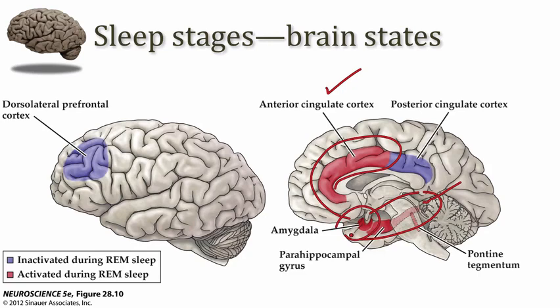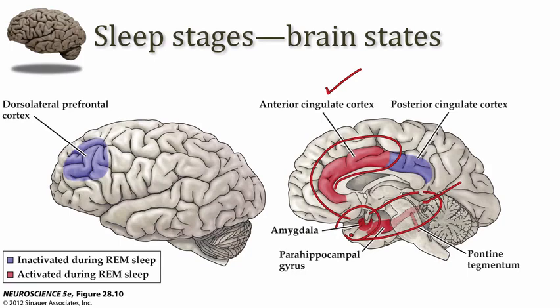So, as we'll see in a different tutorial, these are all structures that are intimately associated with the experience and expression of emotion. And the hyperactivity of these structures during REM sleep very well may be responsible for the emotionality that seems to be present in so many of our dreams.